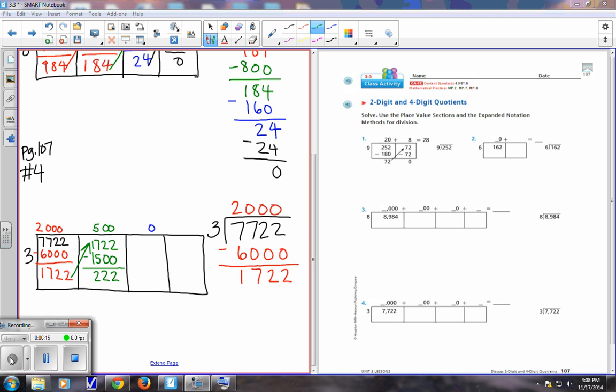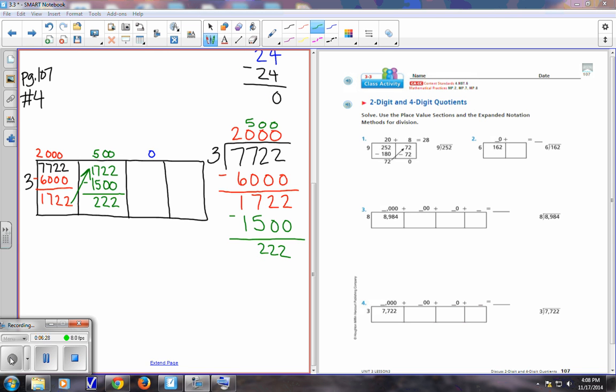Do the same thing in the expanded notation. Now, I don't want you doing this 2 times. I'm showing you 2 different strategies at the same time so that you can pick which one you like and works for you the best.